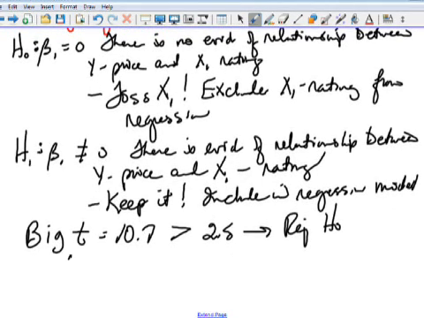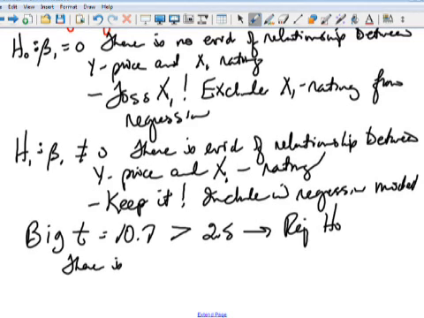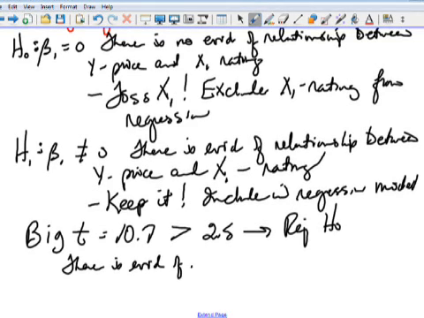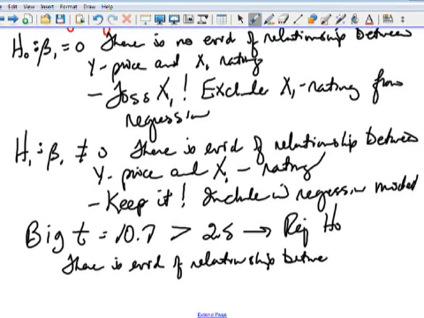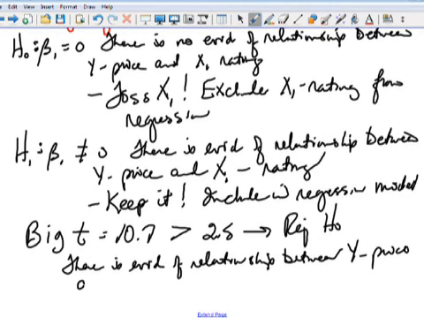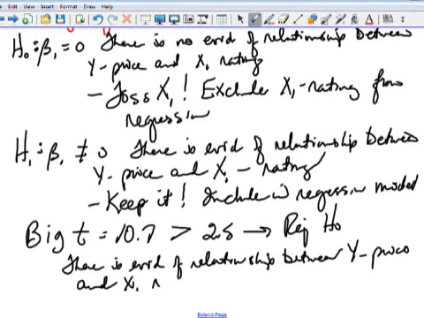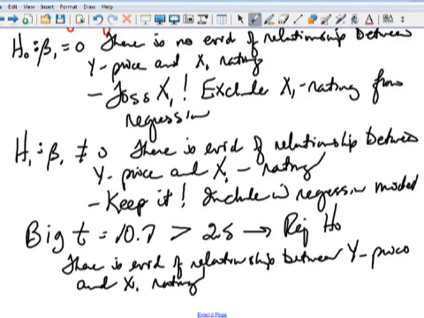There is evidence of a relationship between Y price and X1 rating. Our action will be keep X1 rating in the regression model.